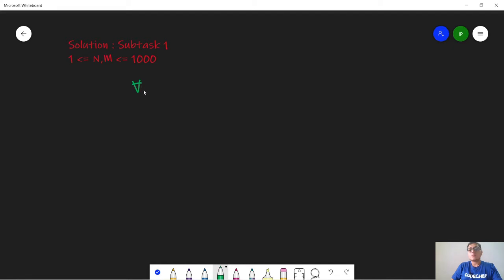For all elements of A, we will iterate the array B, and if the sum ai plus 1 and bj plus 1 does not belong to map. So this map is basically a map for storing the sums that we have already encountered. If this is the case, then we just continue.